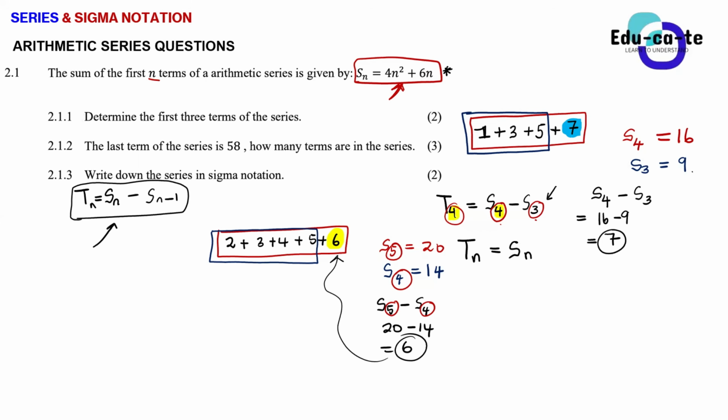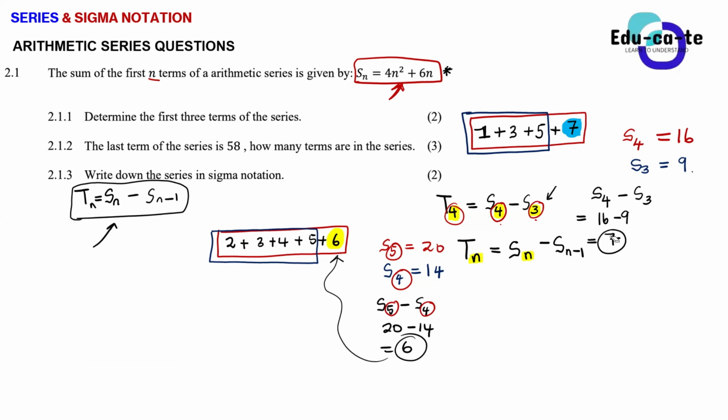For us to find term 4, we start with the sum of 4 terms minus the sum of 3 terms. So if we say that we want to find term n, Tn, we're going to start with the sum of n terms, minus the sum of n minus 1 terms.